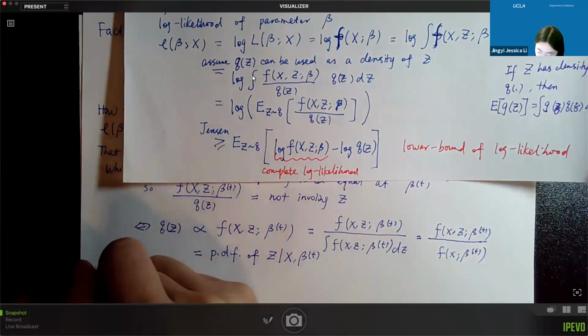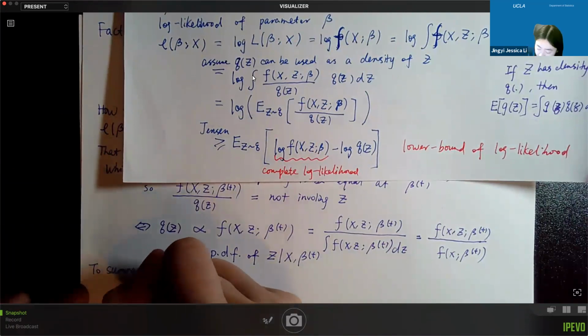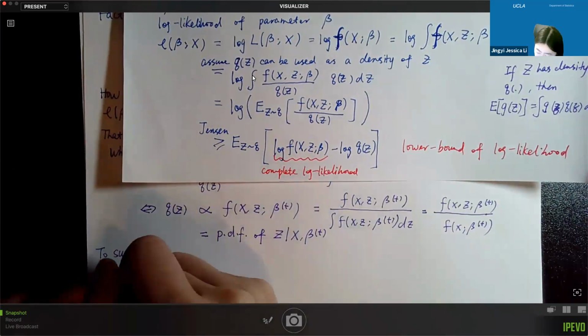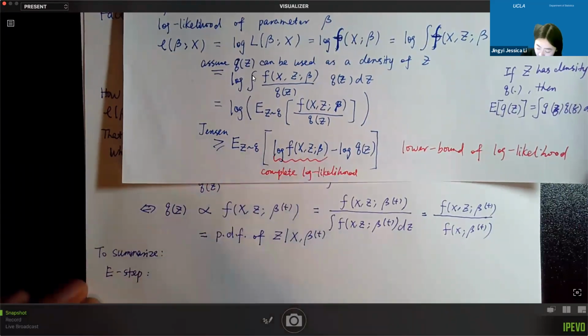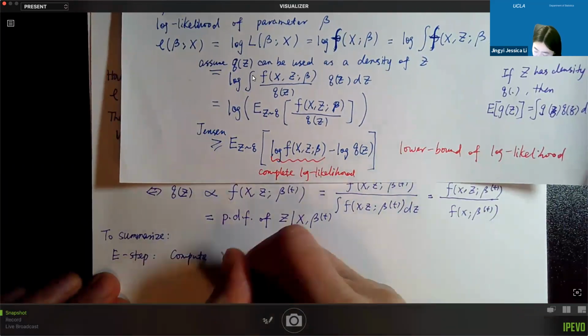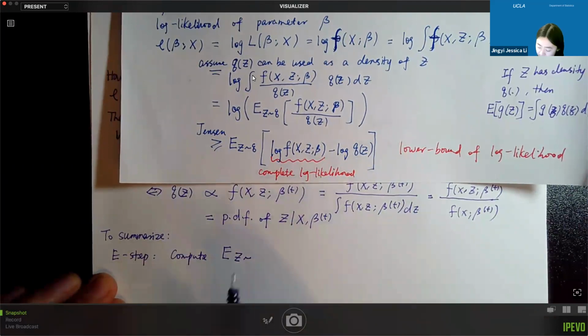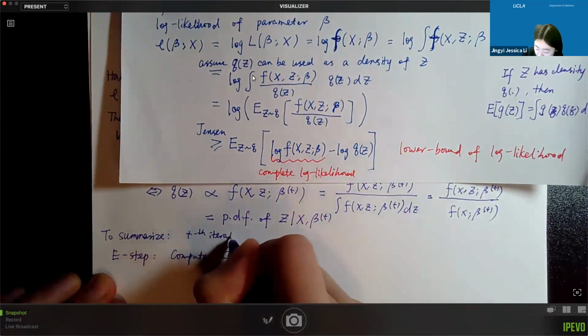Let me write it down. So to summarize, in the E step, we compute the lower bound. We compute the expectation of z, and this is in the t-th iteration, so we carry the t with us.